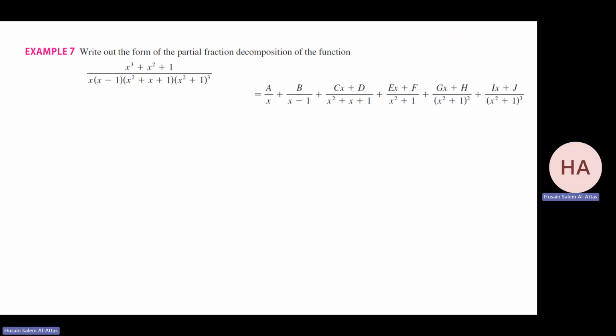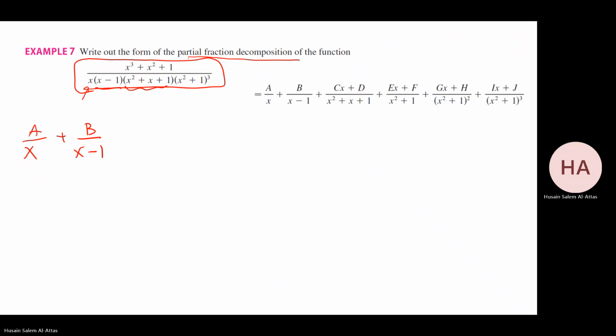Sometimes they don't want you to find those constants. Just write the partial fraction decomposition. Okay, what will it be in this case? Very clear. This is linear, so you have a over x. This is linear, b over x - 1. This is quadratic, because if we do b squared minus 4ac, you get 1 minus 4, which is negative.